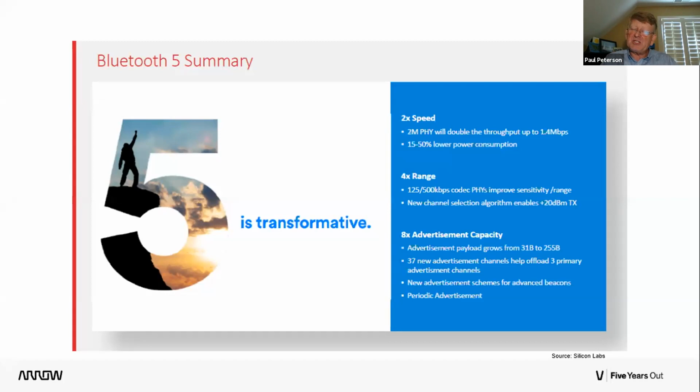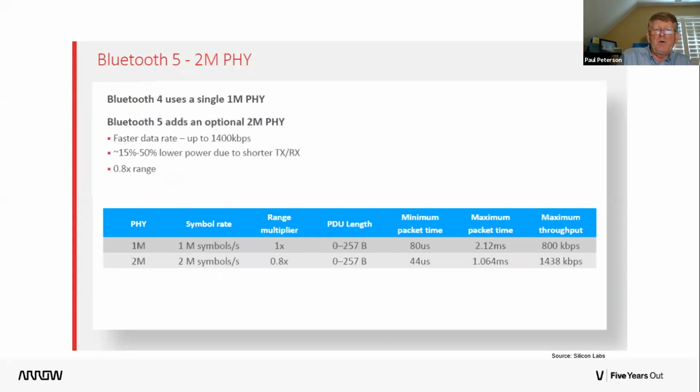That is good enough for many of the applications we're seeing, where we don't need the 1.4 megabits per second, we just want periodic transfers of data. So it is interesting that this was added in Bluetooth 5.0.